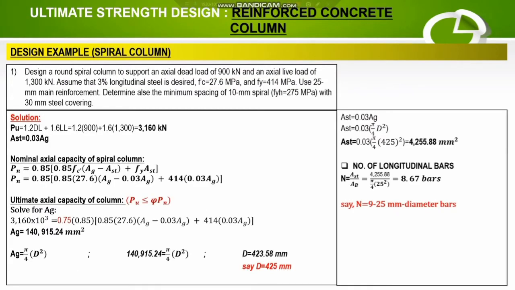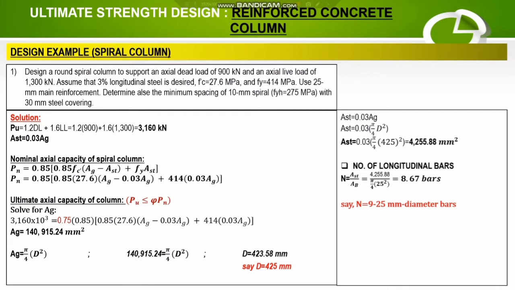So the next example is for the design of spiral column. The problem is: design a round spiral column to support an actual dead load of 900 kilonewtons and an actual live load of 1300 kilonewtons. Assume that 3% longitudinal steel is desired, Fc prime is equal to 27.6 megapascal, and Fy is equal to 414 megapascal. Use 25 mm diameter main reinforcement.